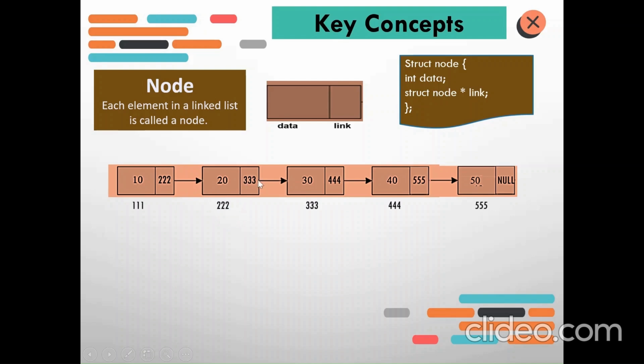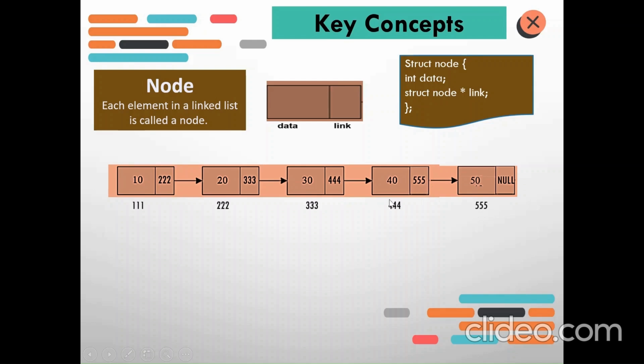So this arrow is basically an indication that this node is connected, or it is associated with this address. How? Because it has stored address of that node. Similarly, this node and this node are supposedly connected because this node has stored address of this node, and same way here also this 444 is being stored here, this 555 is being stored here.